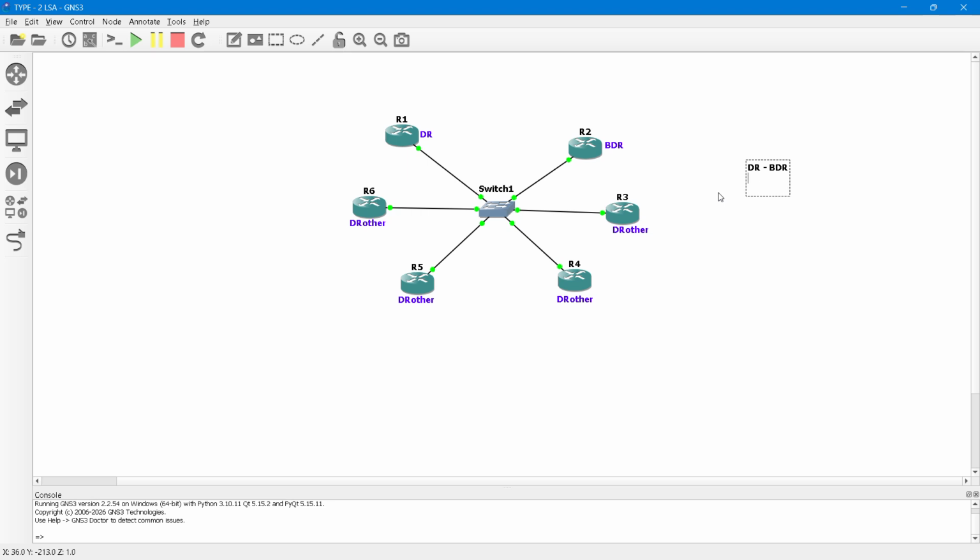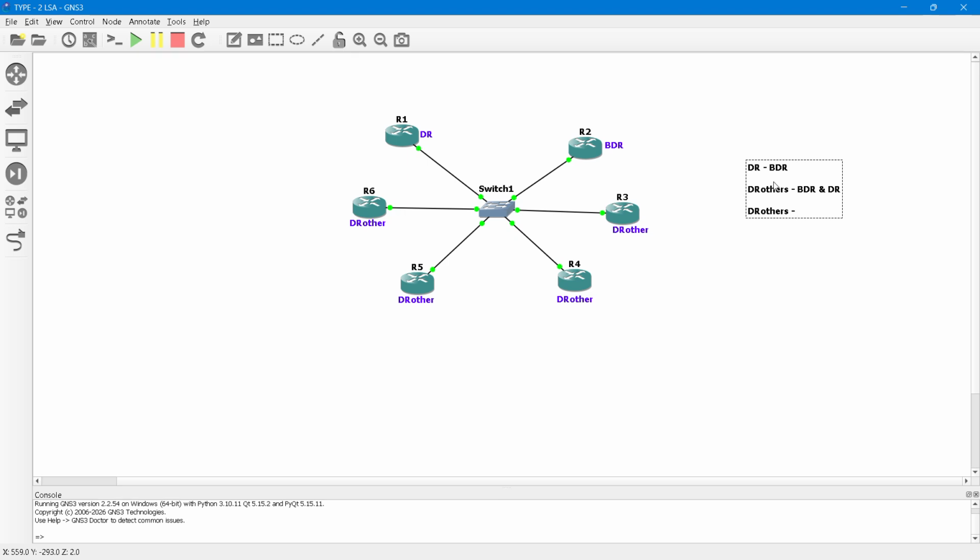After that, the DR others will make adjacency with the BDR and the DR.